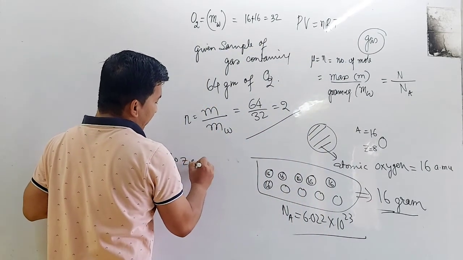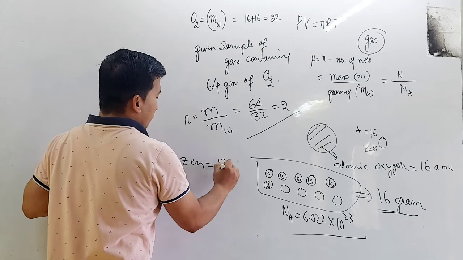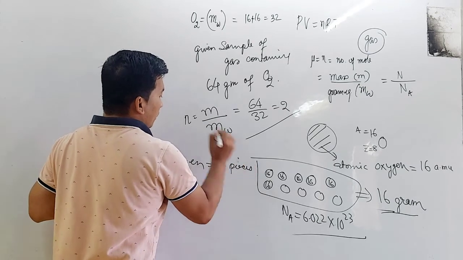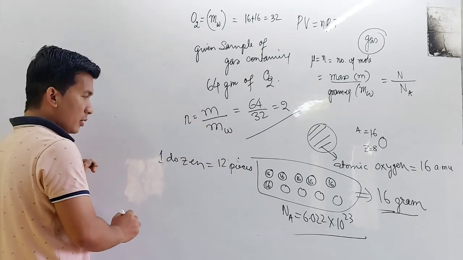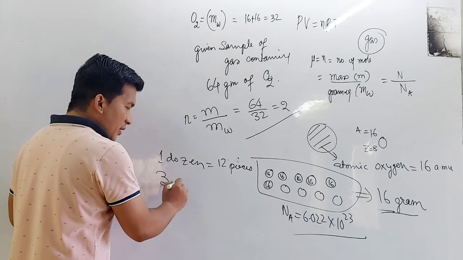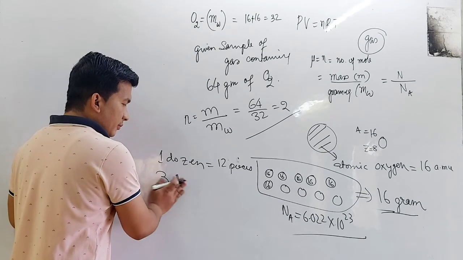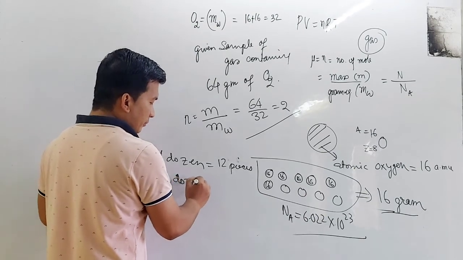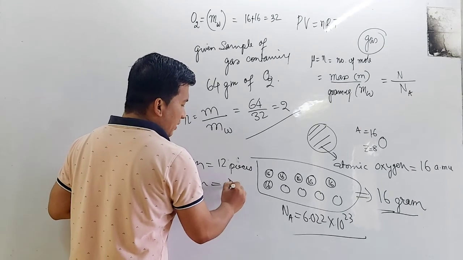One dozen means 12 pieces. Next time, 3 dozen means 36 pieces.